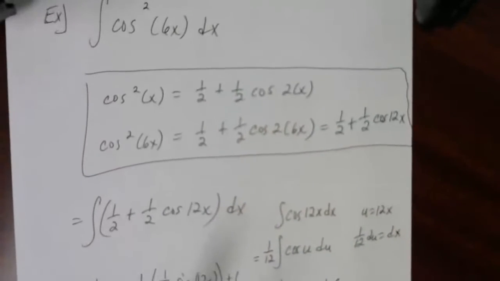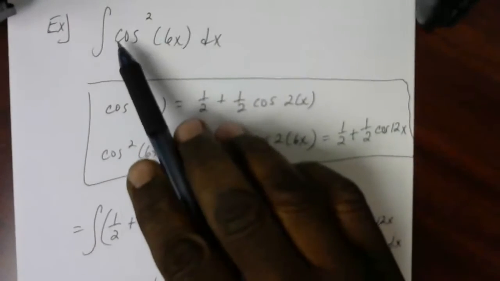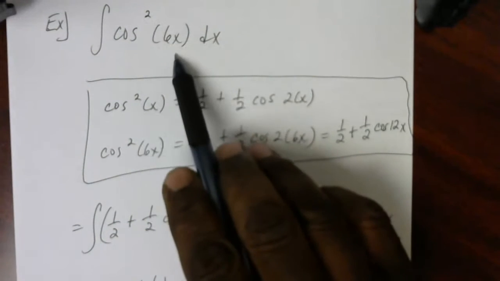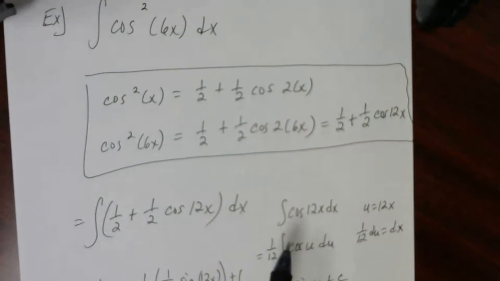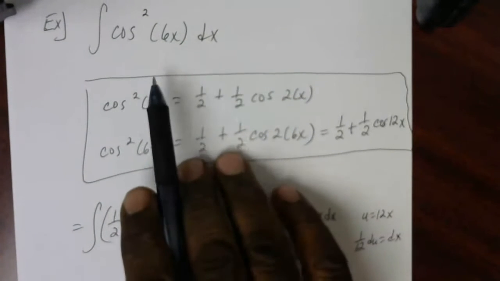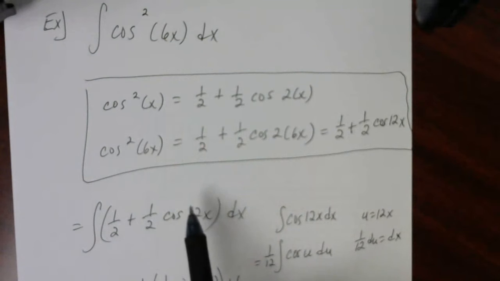All right. So if you were to integrate, let's say, sine square 6x or sine square 3x, you would follow the same process. You would use the double number formulas to rewrite first, okay, and then you would integrate.